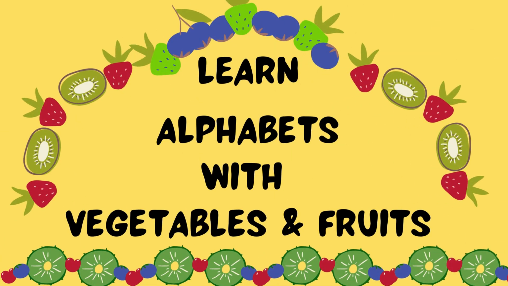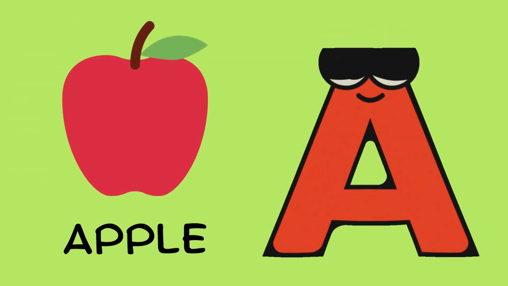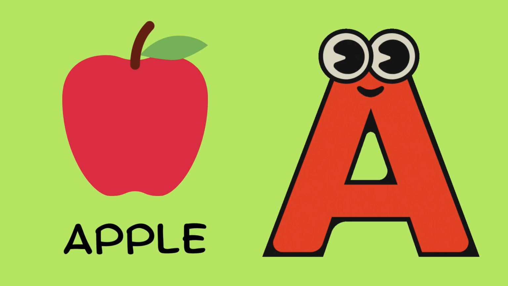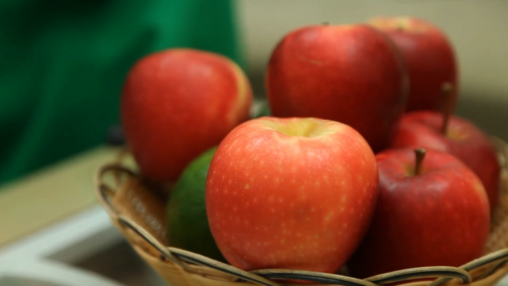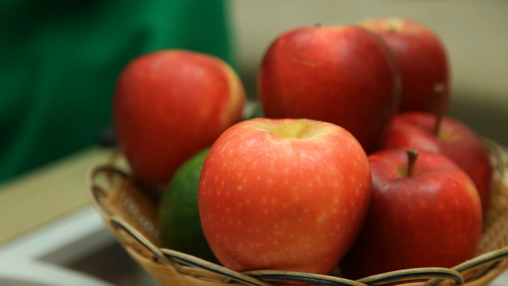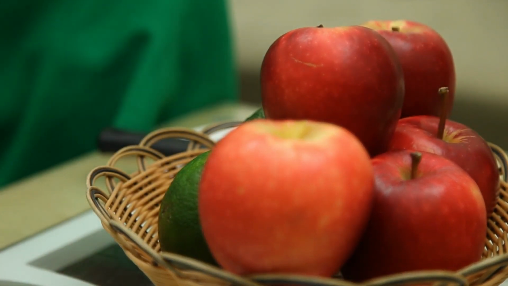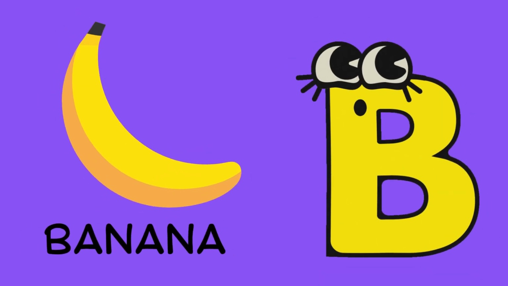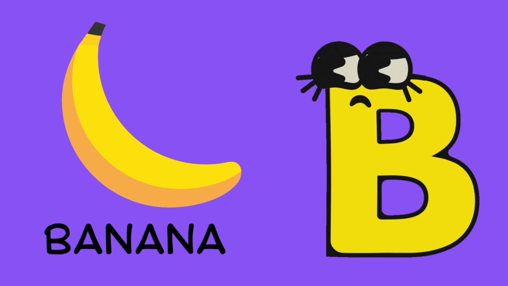Learn alphabets with vegetables and fruits. A. A for apple. B. B for banana.